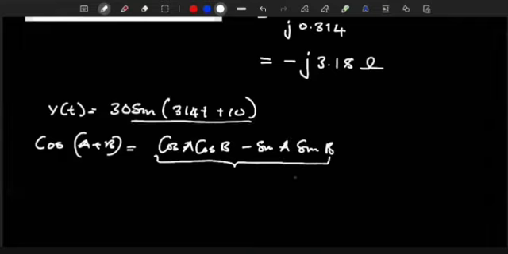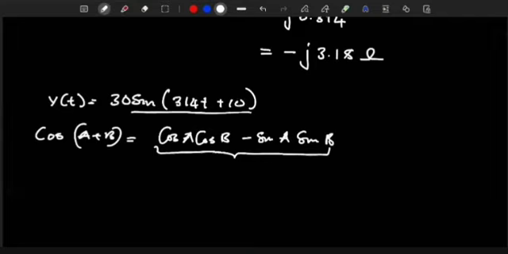We know the max is going to be 30. If A is the argument, which is 314t plus 10, what angle phi must we add so that the cosine reduces to just sine of A?